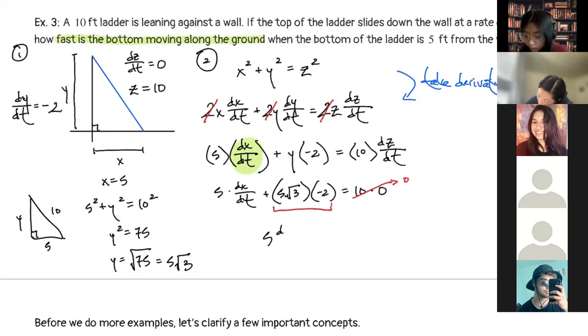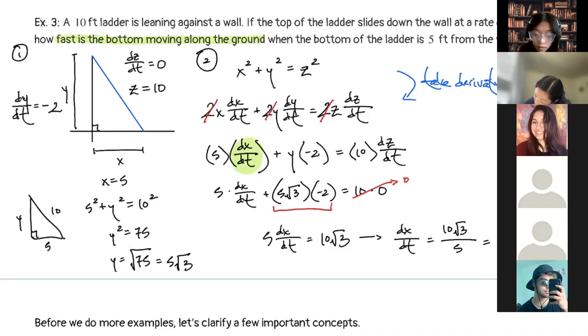So 5 dx/dt equals 10 root 3, right? Because the 5 times 2 gives us 10. And one step to get dx/dt by itself, and we have 2 root 3 feet per second.